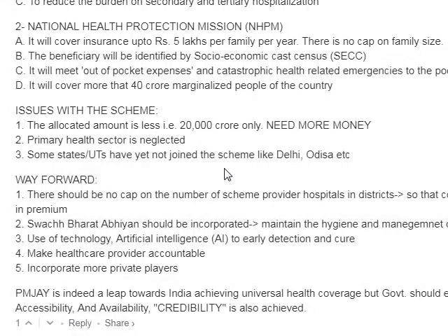The National Health Protection Mission will cover insurance of up to 5 lakhs per family per year. There is no cap on family size. The beneficiary will be identified by the socio-economic caste census.